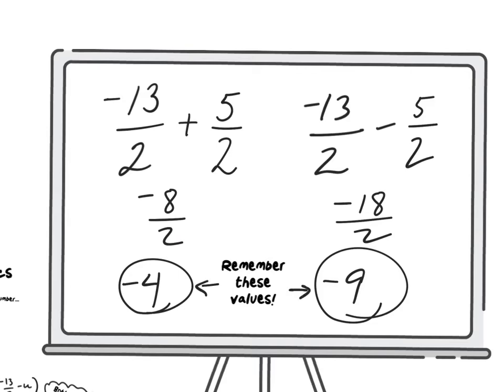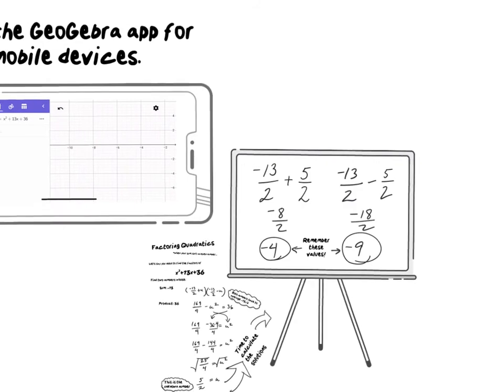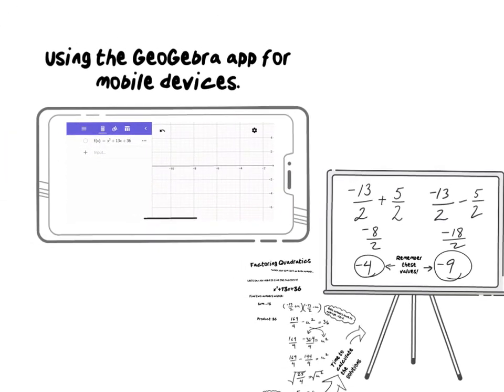One thing I want to emphasize is that when we find solutions to quadratic equations, they also have a meaning if we were to take a look at them on a graph. So take a look at the screen. I have my quadratic equation sitting right here, and there's the parabola that it forms.